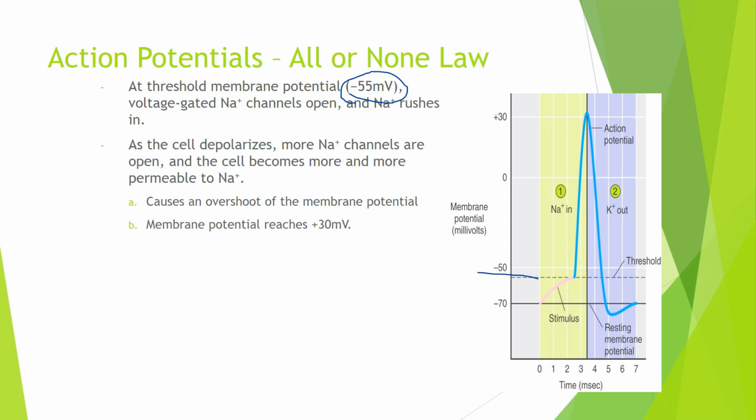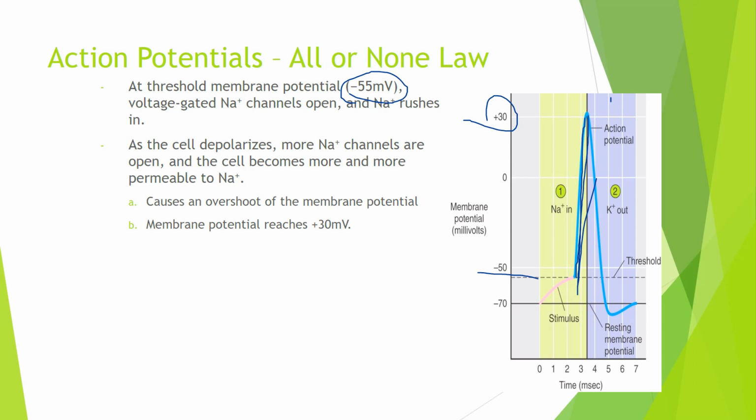And so this is an example of positive feedback. This rapid depolarization is called an overshoot of the membrane potential until it reaches positive 30 millivolts, when the voltage-gated sodium channels become deactivated, and then we start the activation of the voltage-gated potassium channels.